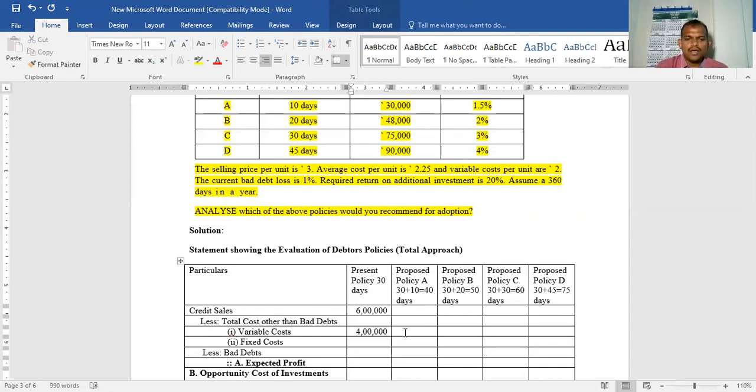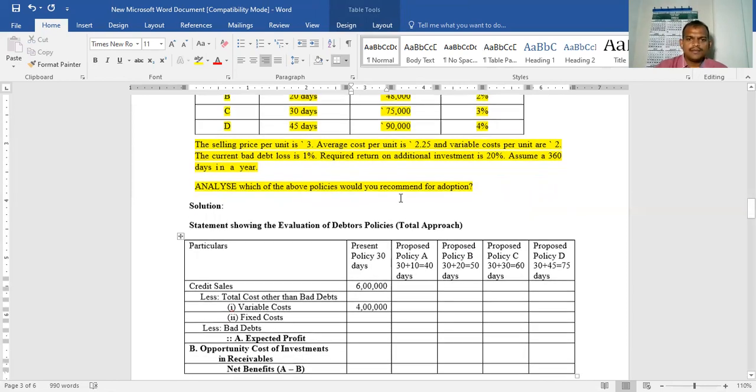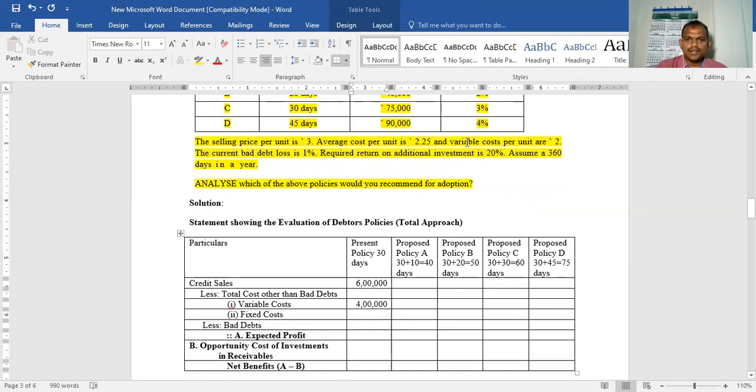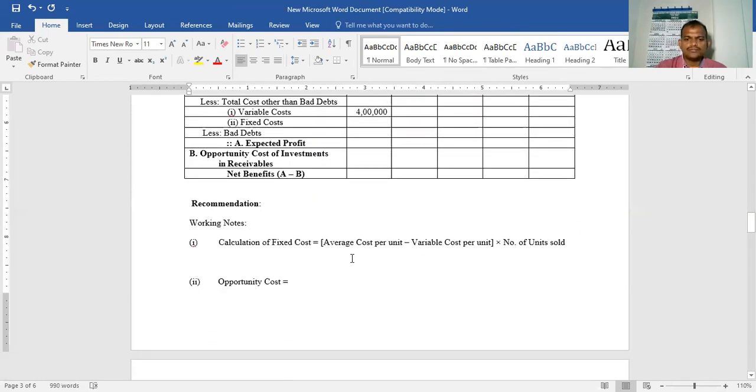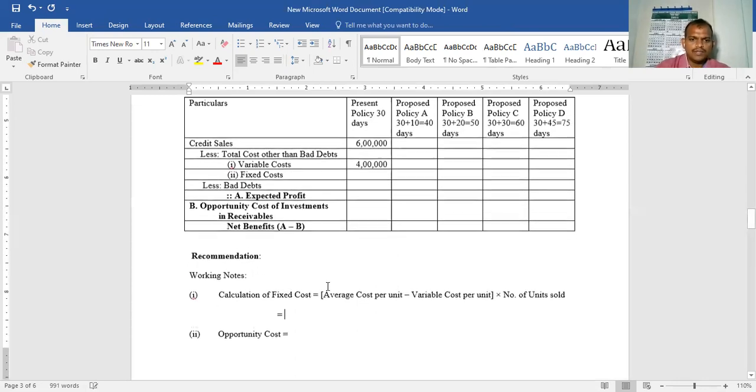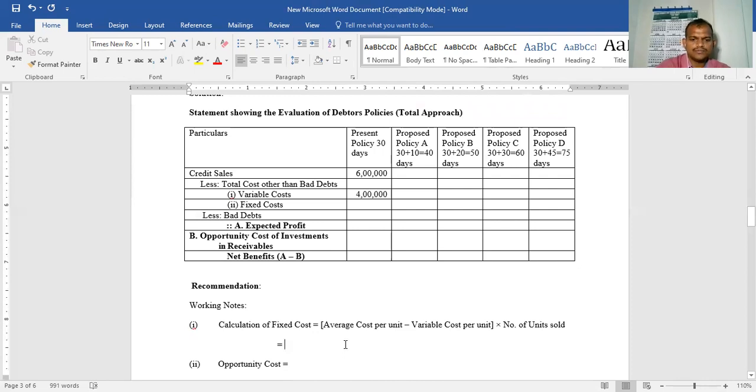So how about fixed cost? See, average cost per unit minus variable cost per unit into number of units sold. Let us substitute with the values.